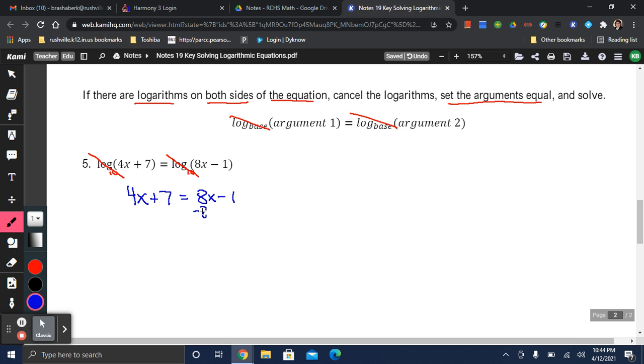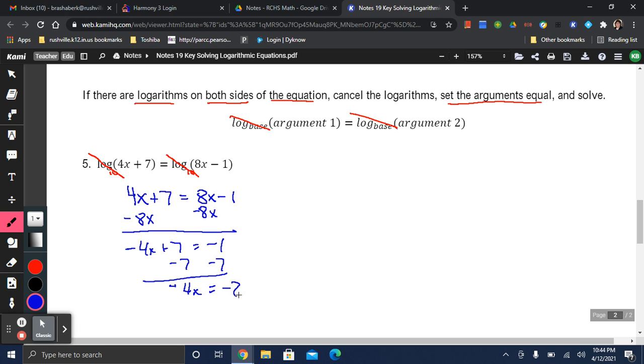We could get our x's on the same side of the equal sign, giving us negative 4x plus 7 equals negative 1. Subtract 7 from each side, negative 4x equaling negative 8. Divide by negative 4, and we get x equals 2. And so our solution then would be x equals 2.